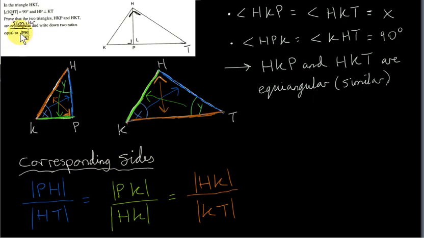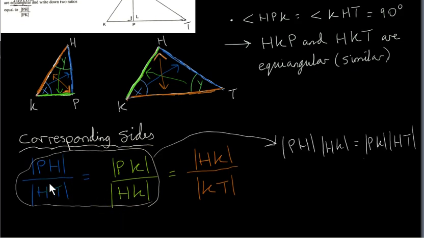Now we're interested in the ratio PH over PK. Now PH over PK doesn't appear here, but we can do some rearranging to get PH over PK. Specifically, we look at these two ratios and rearrange them. If we take this equation and cross multiply, we can do that because we have just one fraction on each side of this equation.